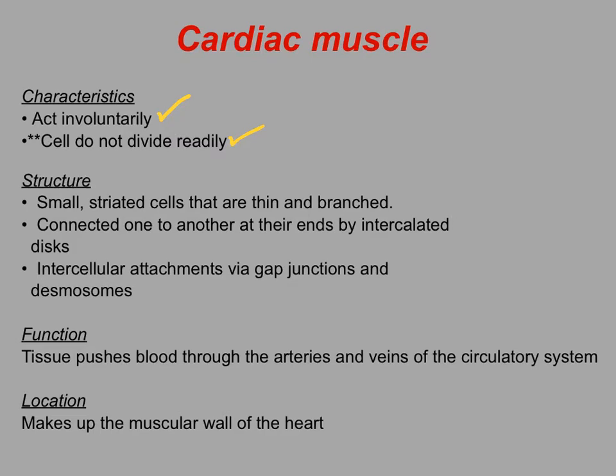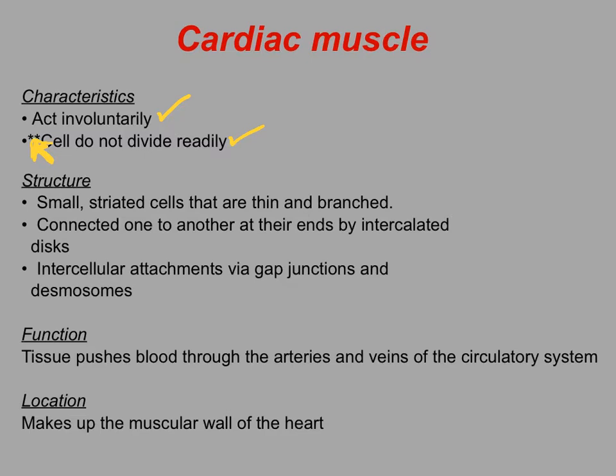So this is why it's really important to take good care of your heart lifestyle-wise, because when those cardiac muscle cells become damaged or die, you're essentially unable to make more. There are some exceptions. I won't go over them with you, but in general, we say cardiac muscle cells don't have the ability to grow and divide.